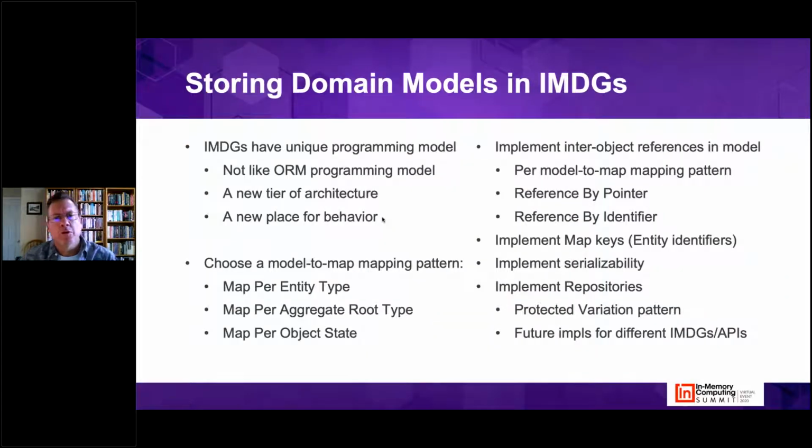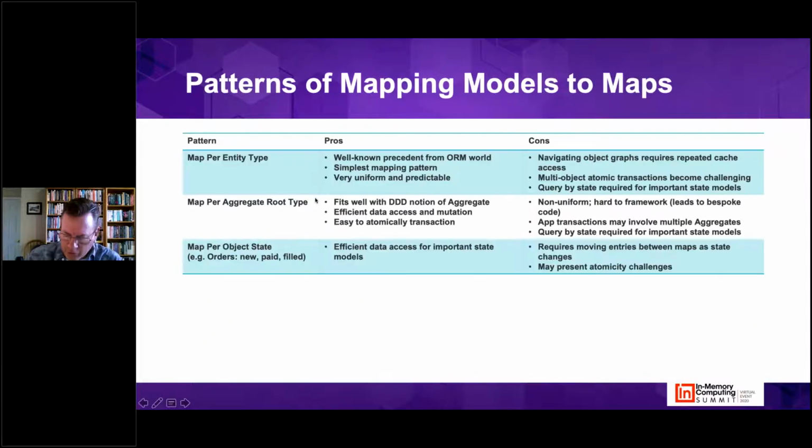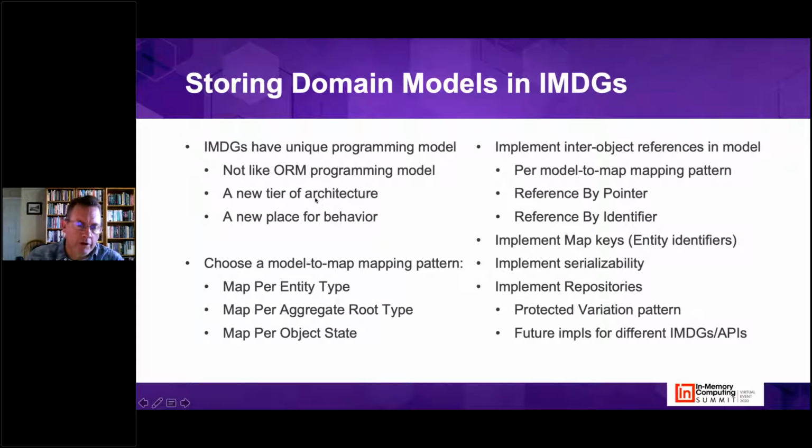When you go to store a domain model in an in-memory data grid, the first thing you have to be aware of is that in-memory data grids have a unique programming model. You're dealing with a map interface and however many different maps you want. It's not like object relational mapping, where you take an entity manager and tell it to find something, and then you start navigating an object graph from there.